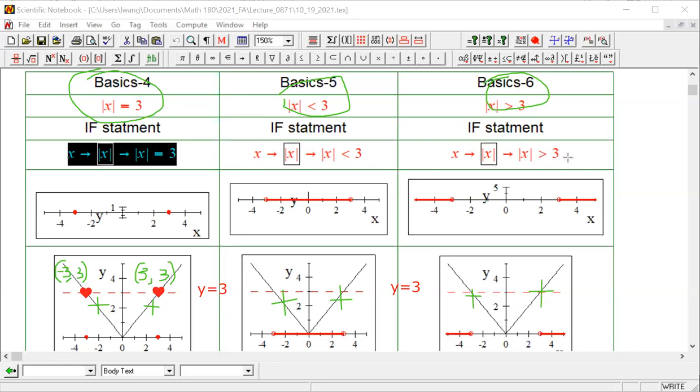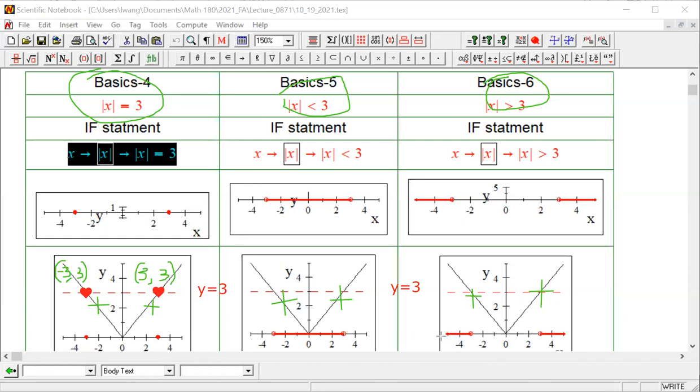In the larger than 3 case, the inputs that will make the output larger than 3 are still a lot of numbers, but they will be outside, say, negative 3.0000005, for example. Negative 4, negative 5, all the way to negative infinity.